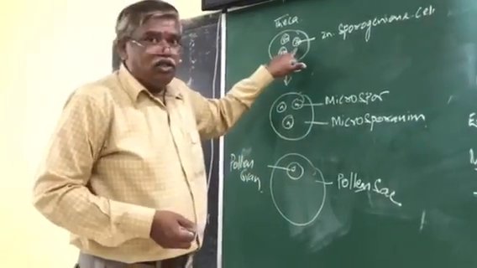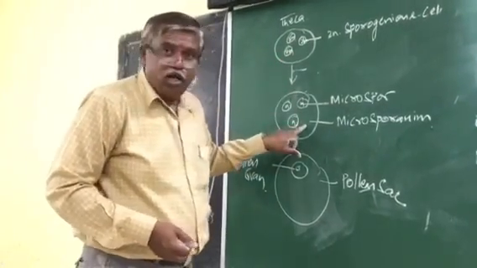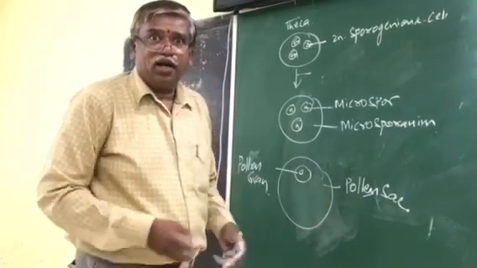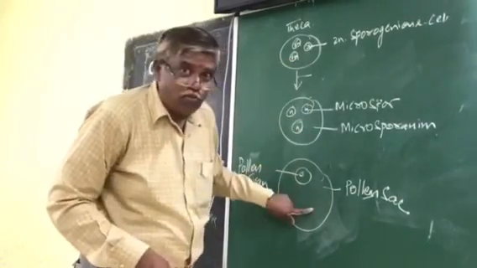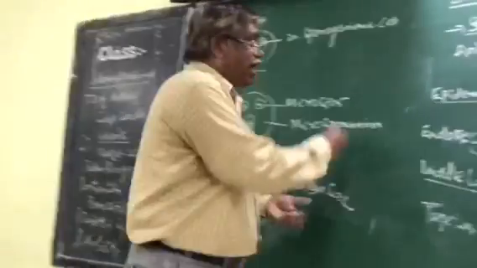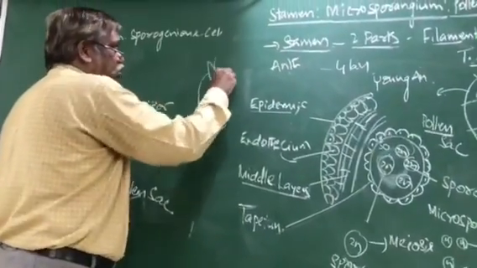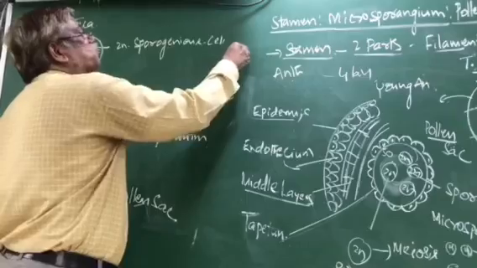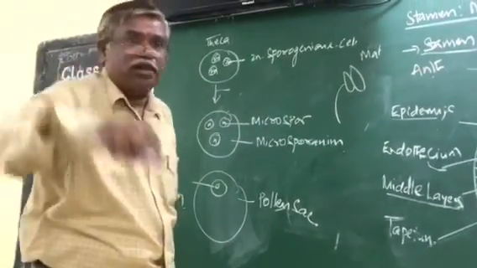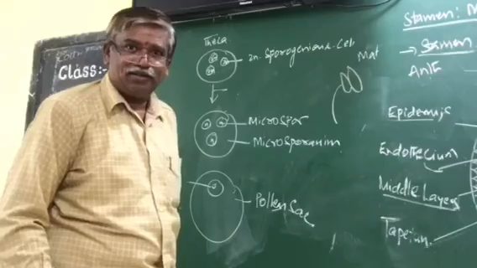Initially theca, in the middle microsporangium, at the final stage pollen sac. When theca finally becomes pollen sac, this anther is mature. So the mature anther has pollen sacs.